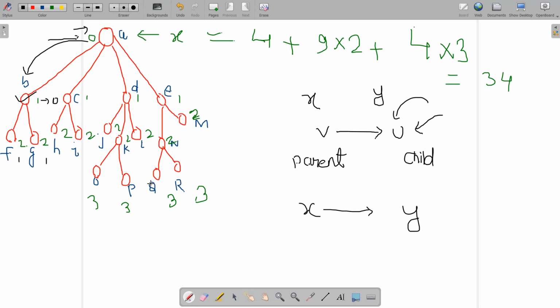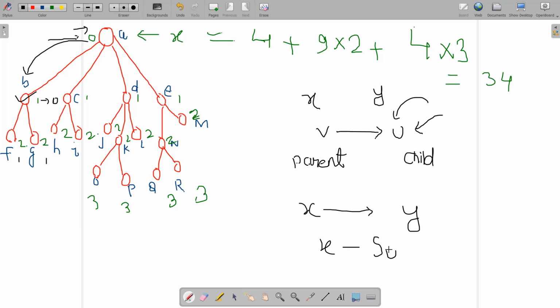In other words, if my answer is x, and I'm moving to a child node u, my answer x is going to be decremented by the number of nodes lying in the subtree of u, right?